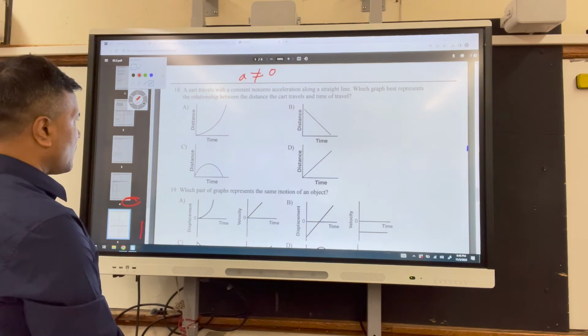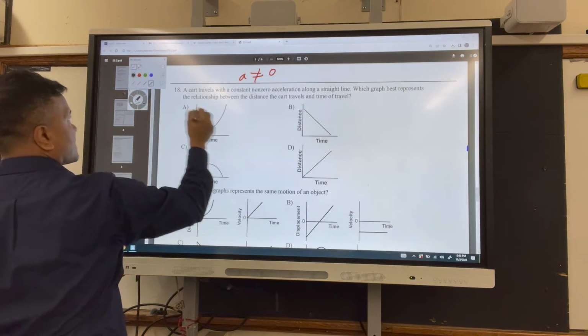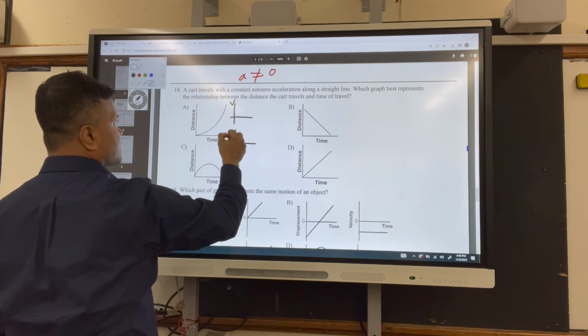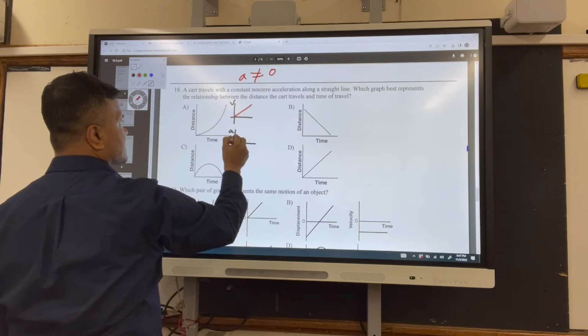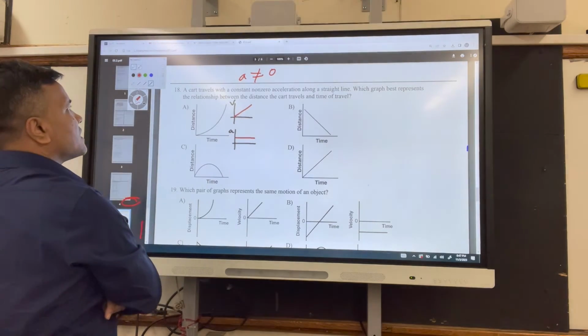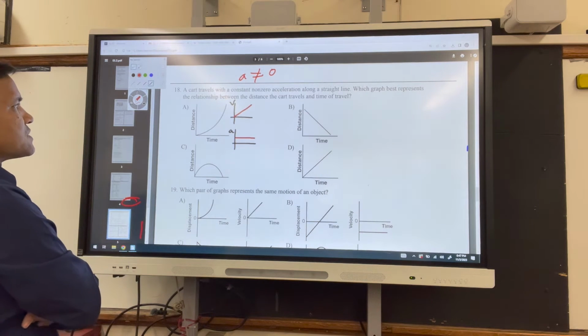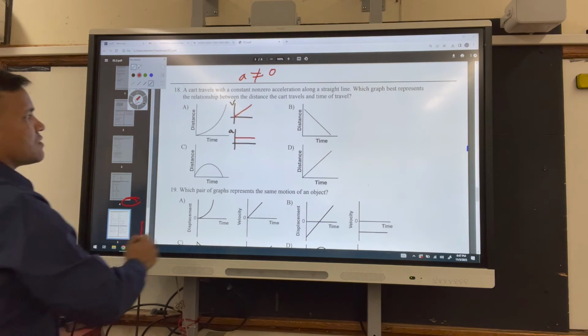So for this one, let's construct it over here. This is velocity, this is acceleration. Velocity would be this, and acceleration is this. Let's see whether they're satisfied. That constant non-zero is this.